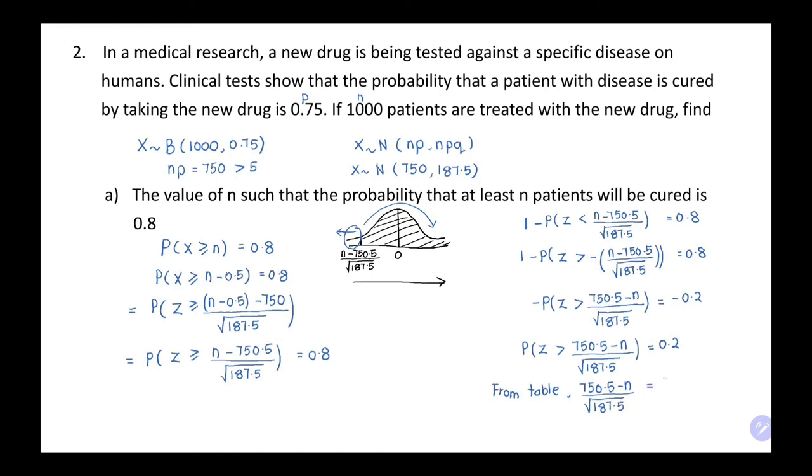We check table, this one equals to 0.84. We solve for N, then we get answer 738.997. And we conclude N equals to 739 patients.